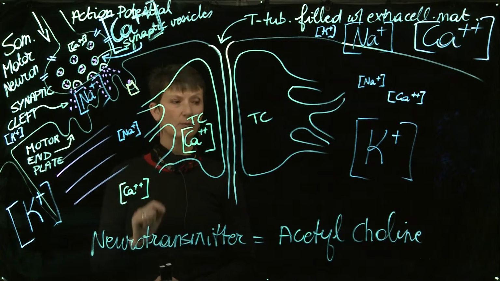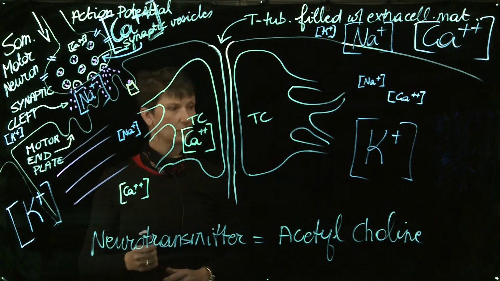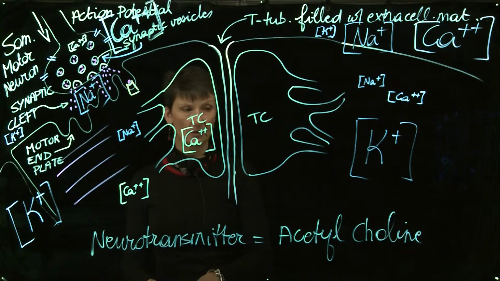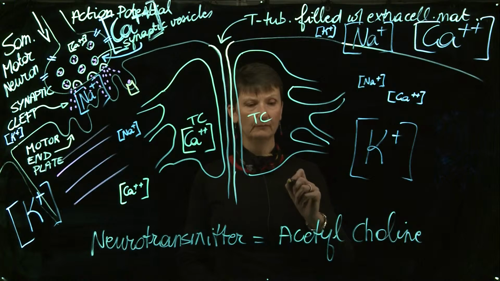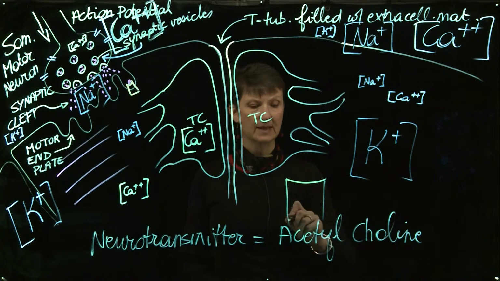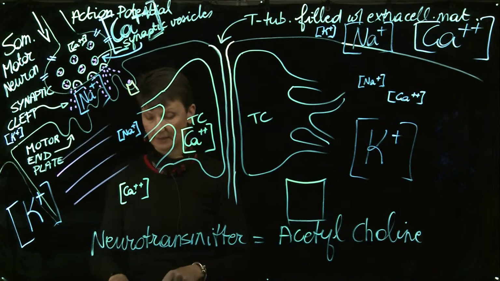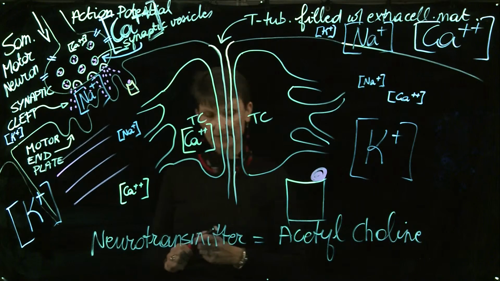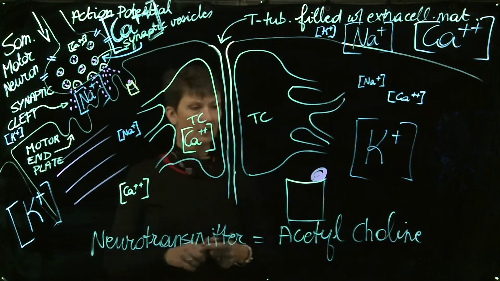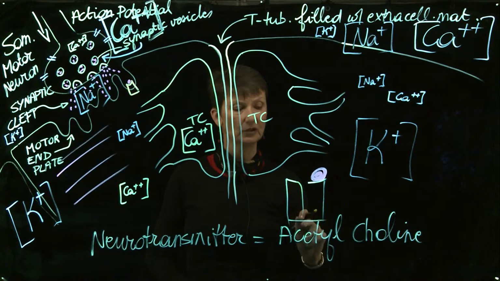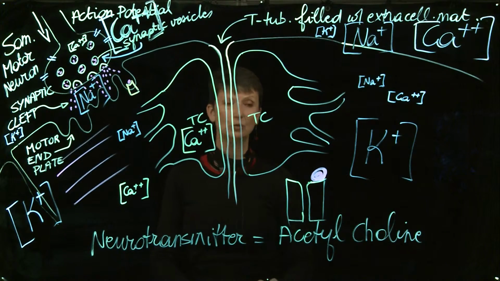So I'm going to grab one of these receptors and I'm going to find a spot here on the board to maybe illustrate better how this all works. So if this is my receptor and acetylcholine has bound to it, that receptor will change shape such that it will create an opening through which ions can move now.